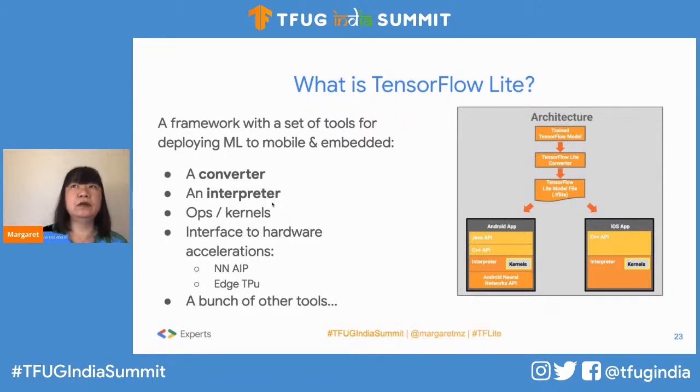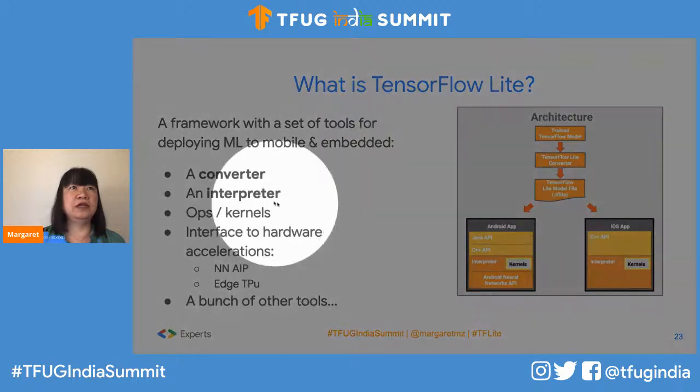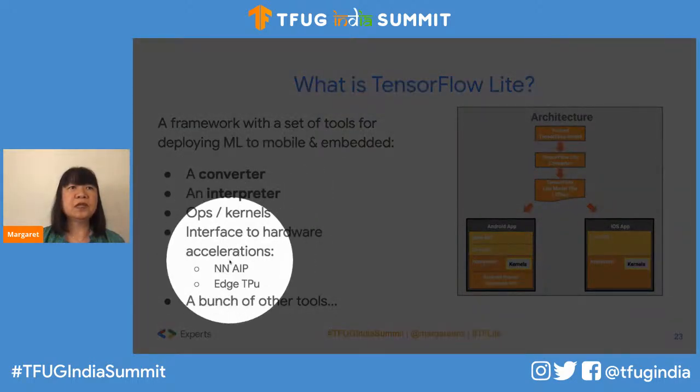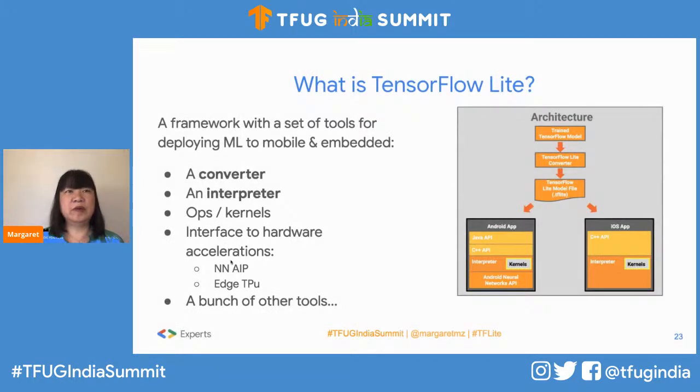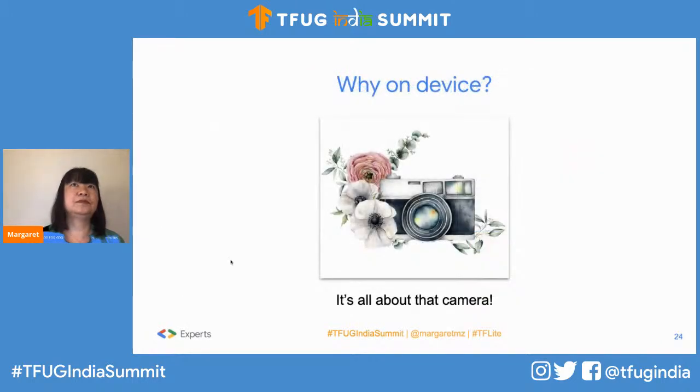And when we deploy the model to mobile devices, we also use that interpreter to run the inference and perform a task. And it also has the ops and kernels, and an interface to hardware acceleration. And it has many other tools, which I will talk about later, like, for example, the model maker, the ML model binding in Android Studio, benchmarking, monitoring, etc.